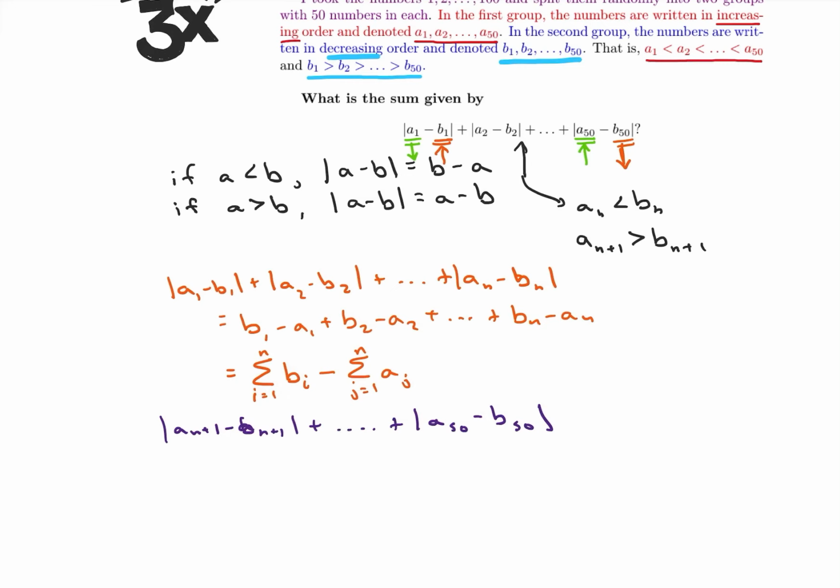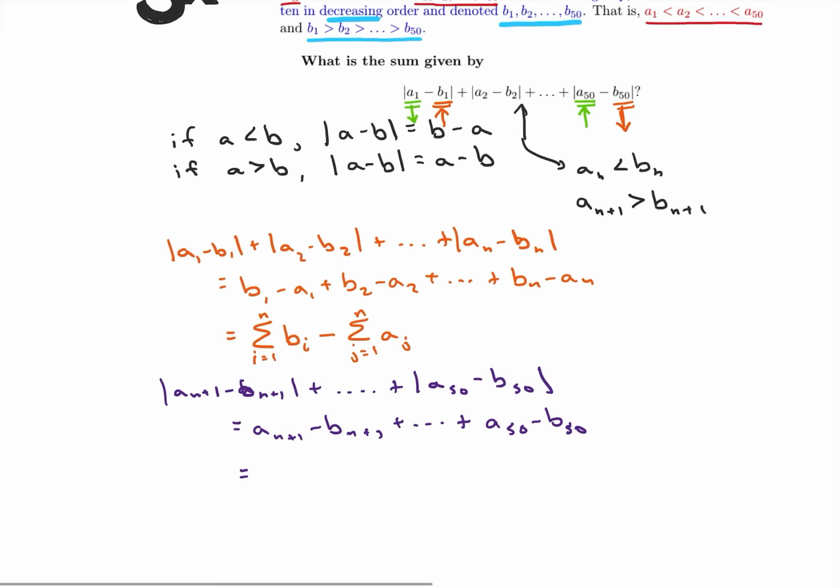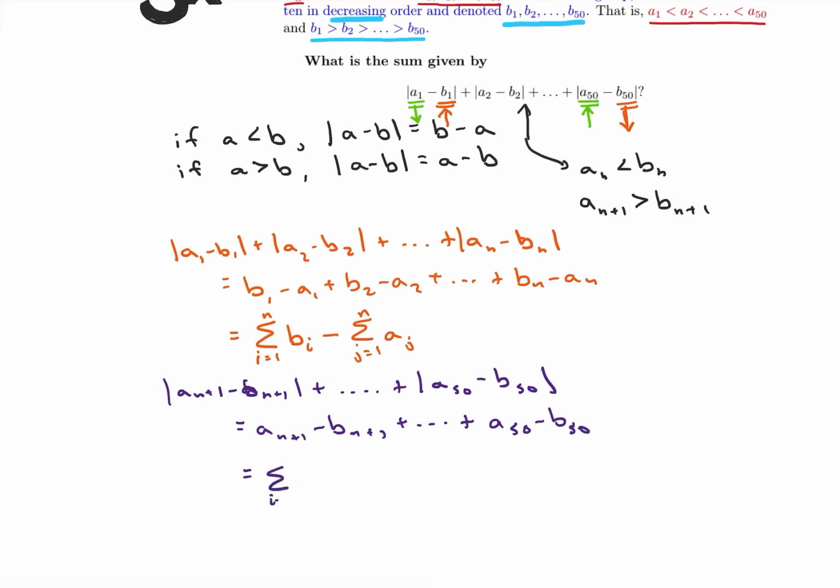And we're going to have that total, and this total is going to be, now reversing, a sub n plus 1 minus b sub n plus 1, going all the way over until we have a sub 50 minus b sub 50. Okay, and I can rewrite that as the sum from i equals n plus 1 up to 50 of a sub i minus the sum from j equals n plus 1 to 50 of b sub j.